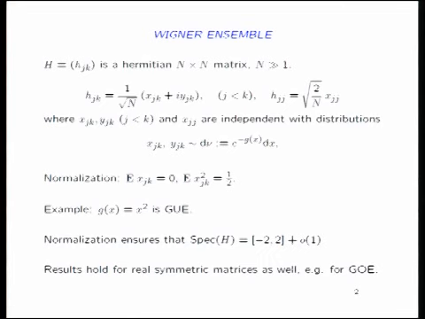All of them are independent, identically distributed random variables, and we take the density e to the minus g of x, and then you normalize the expectation to be 0 and variance to be 1/2. This is the standard normalization. And if g of x is quadratic, x squared, then this is the Gaussian case, and you have the GUE model.